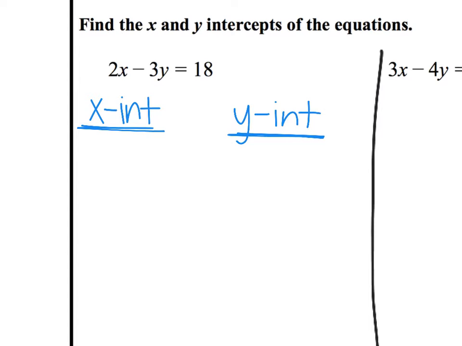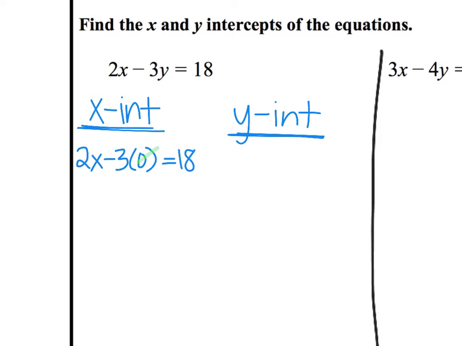Okay, if you read your directions that we just wrote in the box, to find the x-intercept, we plug in 0 for y, and then we solve for x. So think about it, we're solving for the x-intercept, so we're going to replace the 0 where the y is, because if we replace it where the x is, then we can't solve for x. So since you're solving for x, guys, what is 3 times 0? 0.